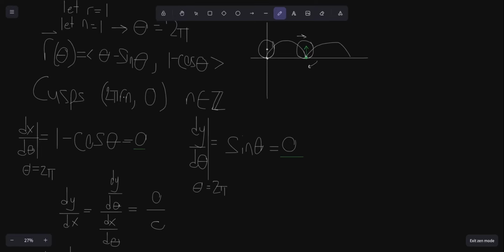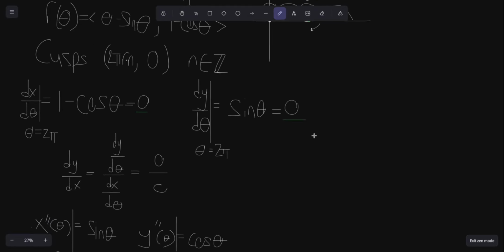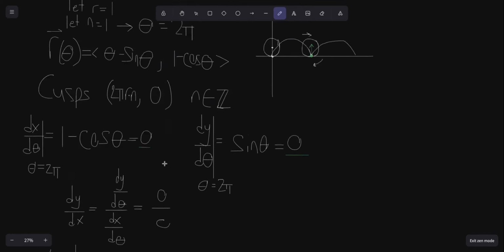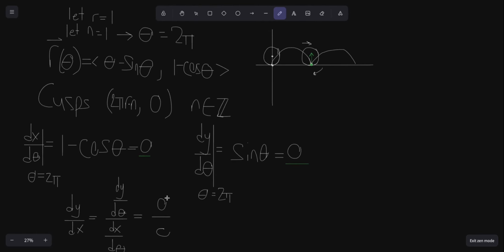It's not really moving in the x direction, nor is it moving in the y direction, but it's still being pulled up with a force upwards. So that explains why it's such a sharp turn down and a sharp turn up. And so this acceleration vector pointing upwards matches up with this undefined slope that we got when we were finding the relationship of y with respect to x.